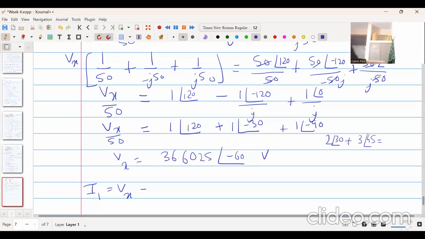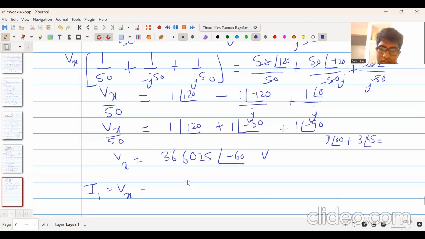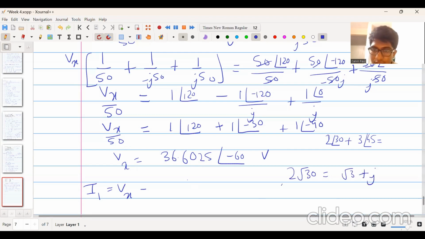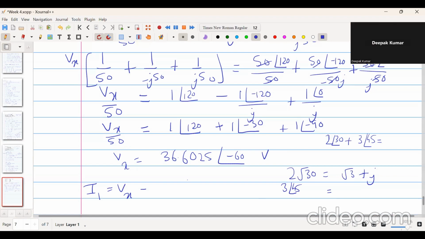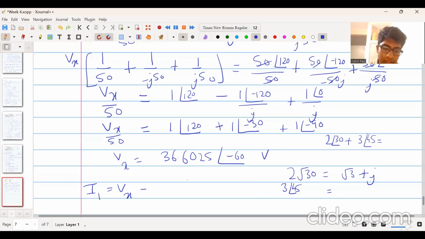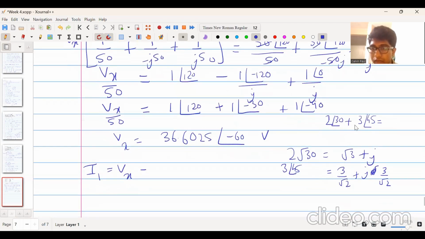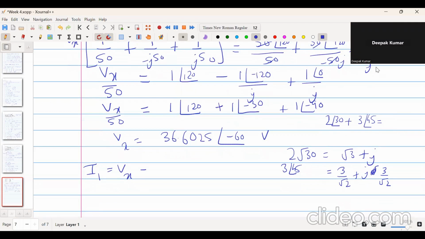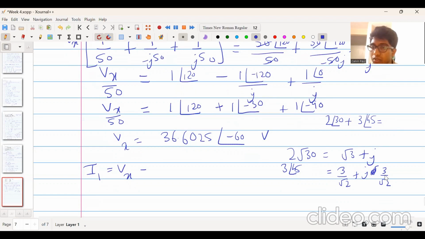You have a calculator. 2 angle 30 can be written as root 3 plus j. 3 angle 45 is written as 3 upon root 2 plus j into 3 upon root 2. Does this make sense?